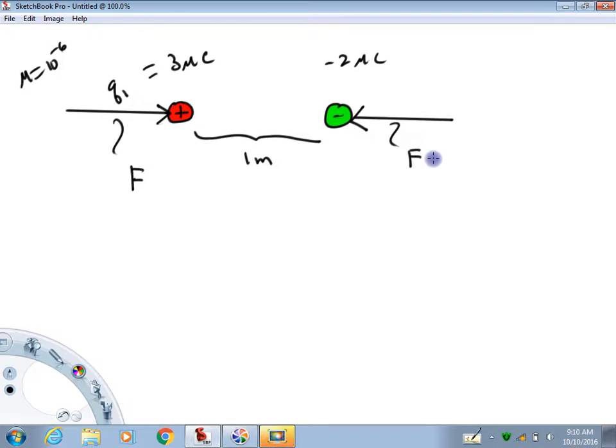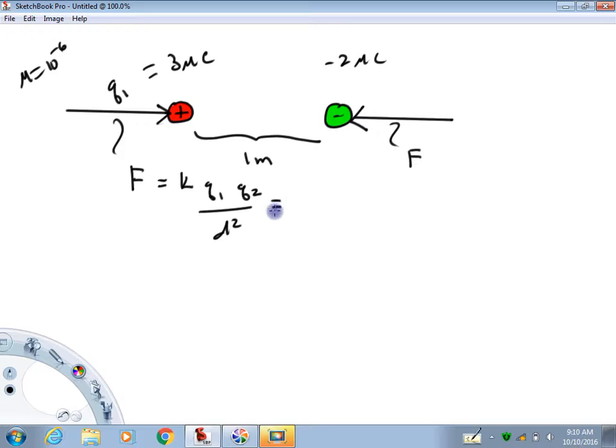And this force, if we treat this like a pair of point charges, we can calculate using Coulomb's law, which says that the Coulomb force acting on a particle is equal to K times Q1 times Q2 over distance squared, where the Q's are the charges on each particle.